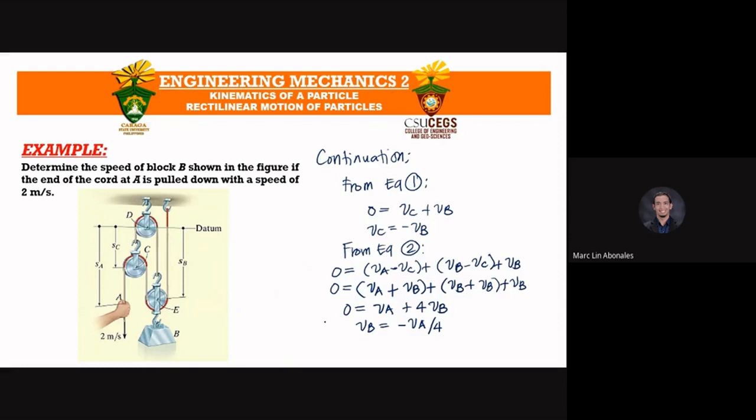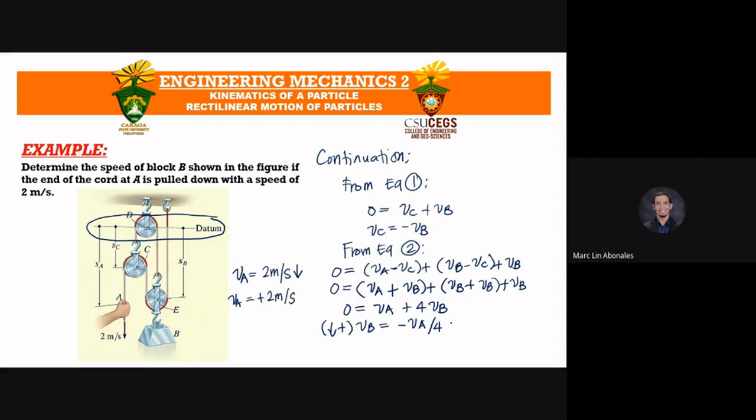And this is the same as what we did in the first two examples. Since we have that term here above, going downward, we consider downward as positive. So for VA, that is 2 meters per second downward, when we substitute into the equation, that is a positive 2 meters per second.